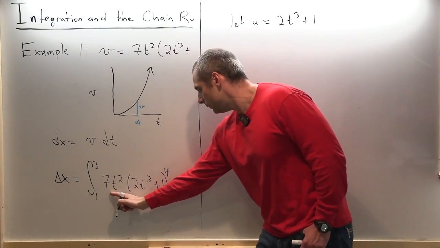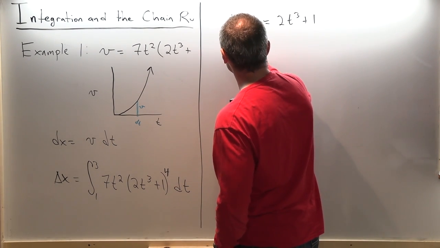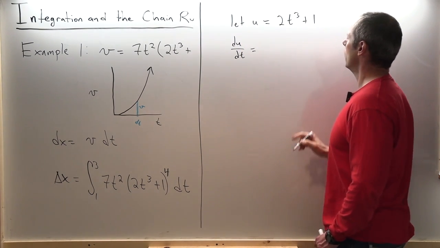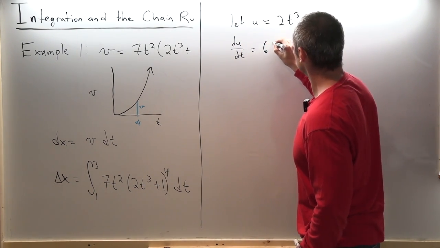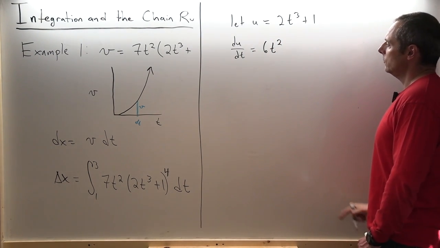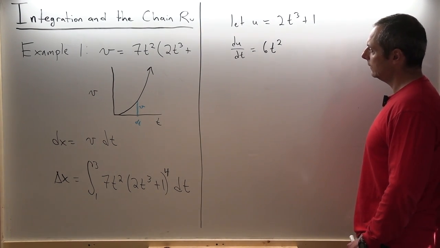So in order to get rid of these time terms, I'm going to take the derivative of this. du dt, therefore, is 6t squared. And so what I'm going to do is I'm going to have t squared dt on one side.